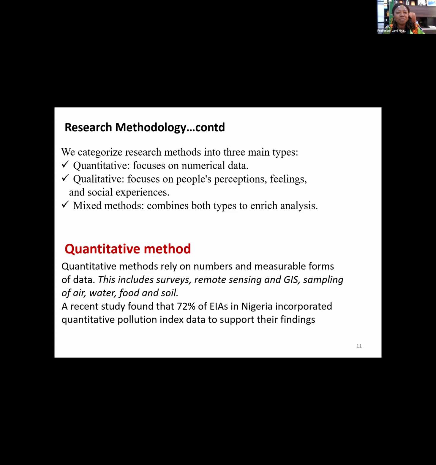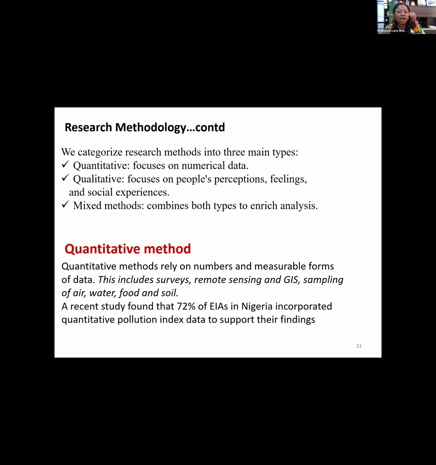Okay. Now, three main types: quantitative, which focuses on numerical data. I believe we all know this. And then qualitative focuses on people's perceptions, feelings, attitudes, social experiences, like that. Then mixed methods combines both types, and that enriches the analysis.